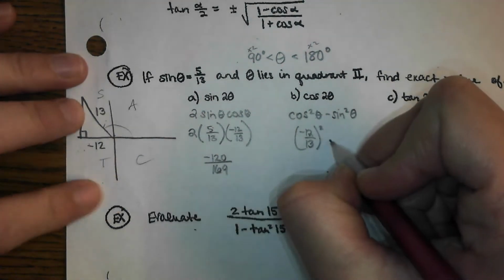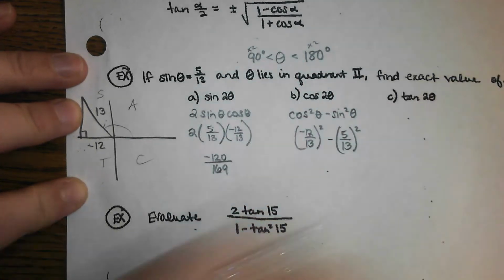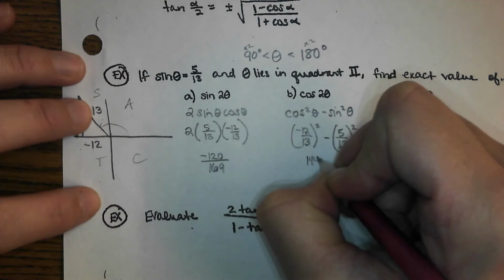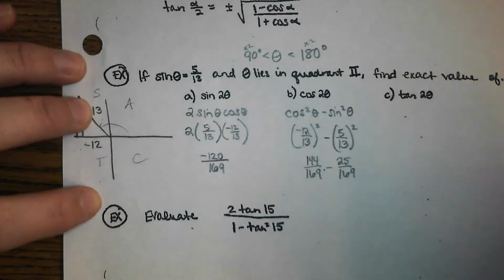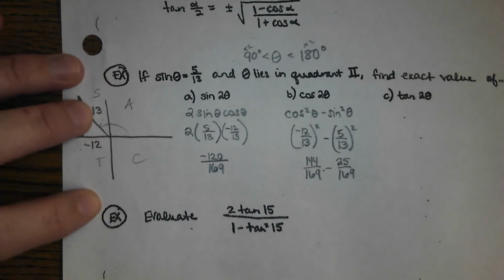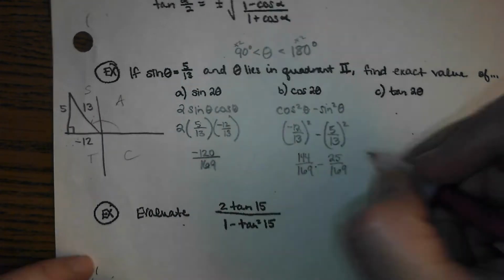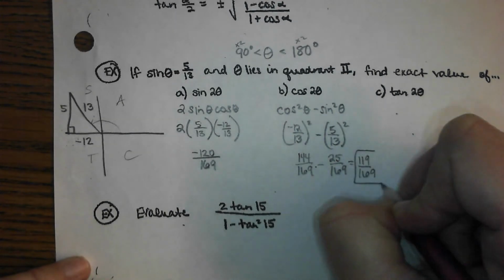The sine of theta was 5/13, and we have to square that. So I get 119 over 169.